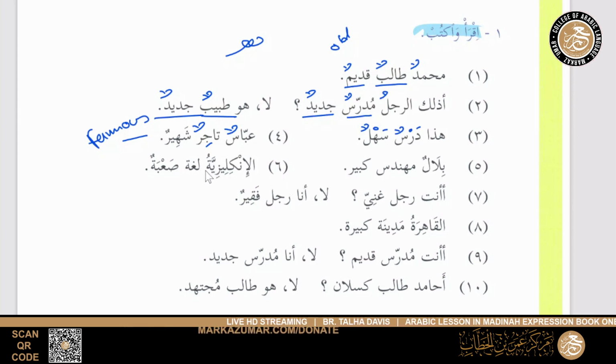Abbas is a famous businessman. أين المنعوت وأين النعت؟ منعوت is تاجر ونعت is شهير. نعم ما معنى نعت؟ Description. And what's the meaning of منعوت؟ Described. جيد أحسنت.